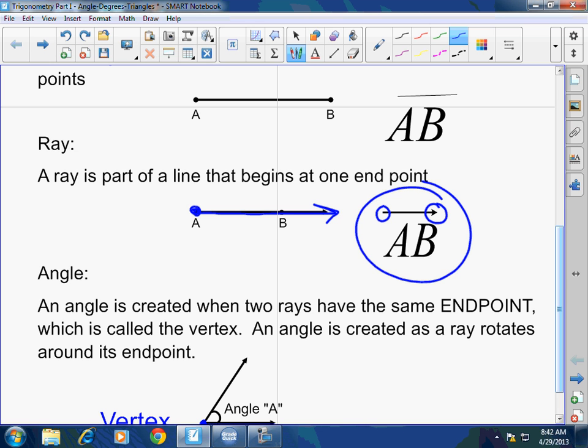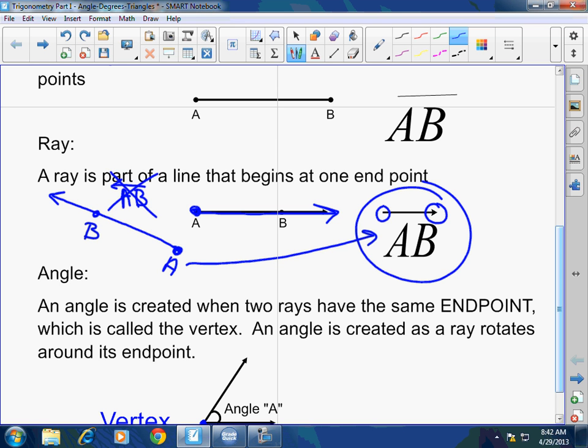This does not necessarily mean, though, that the ray is pointing to the right. For example, I could do this, guys. I could say that's AB, and I promise you, you still write it like that. You do not write it like this. BA going that way. That makes no sense.